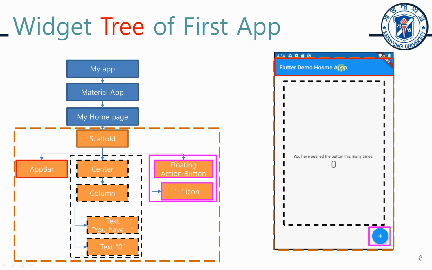The whole thing of your app is called MyApp, and MyApp calls the MaterialApp. As a beginning Flutter programmer, you don't have to care about it. The MaterialApp is what provides these kinds of buttons.